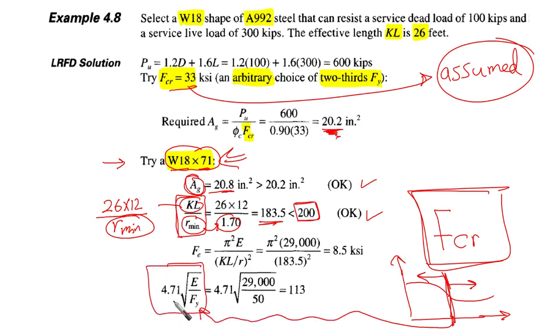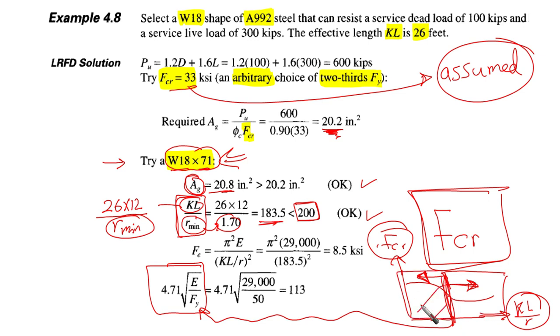It is going to be 4.71 times square root of E over F yield. This is KL over R here, and this is going to be our FCR. So we are going to see whether it is elastic buckling or inelastic buckling, because each side has its own equation that is going to govern our FCR.